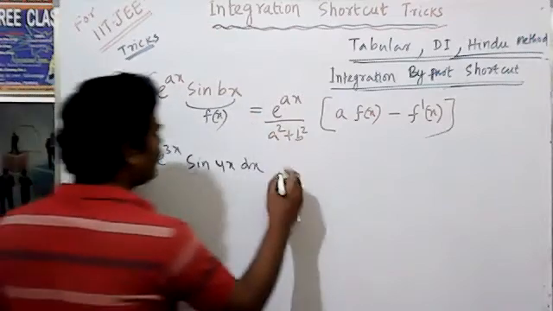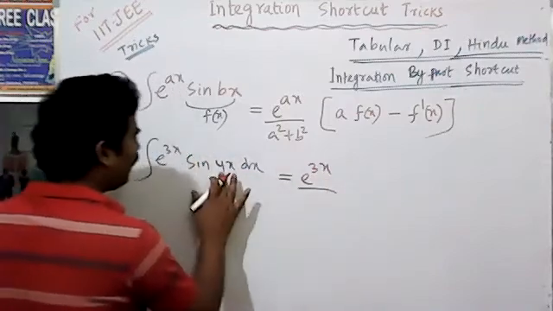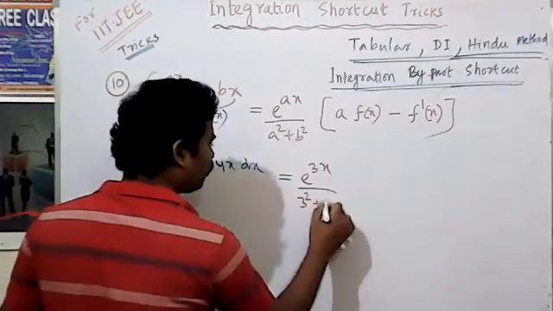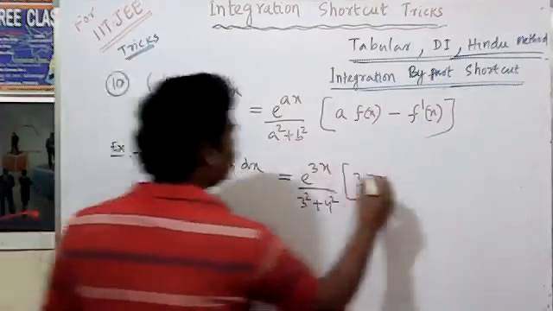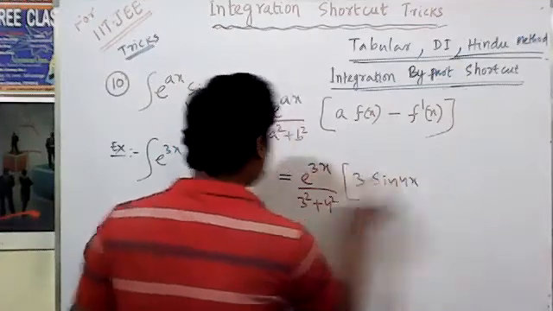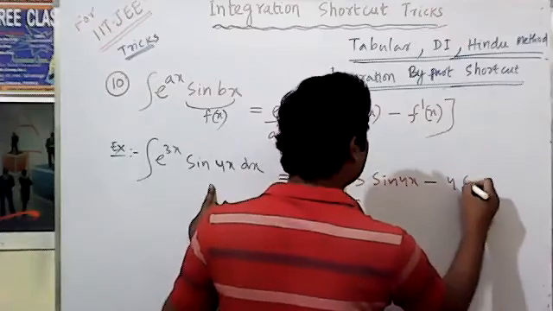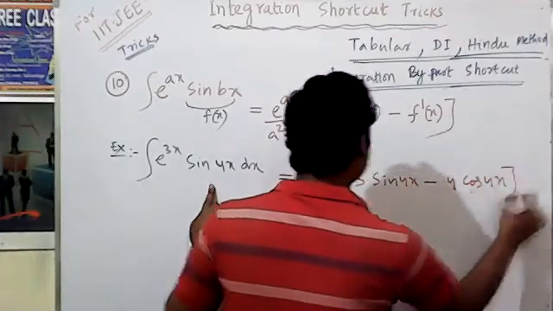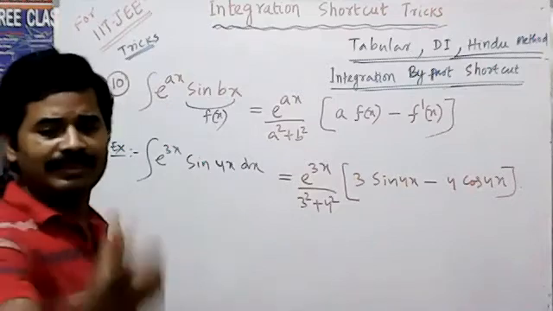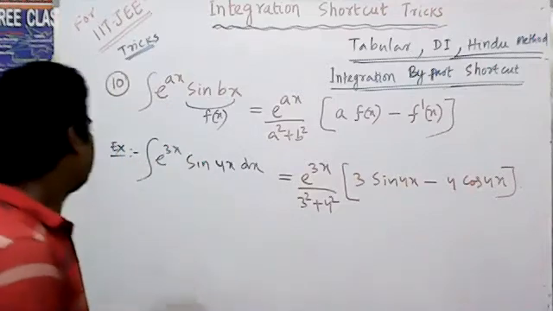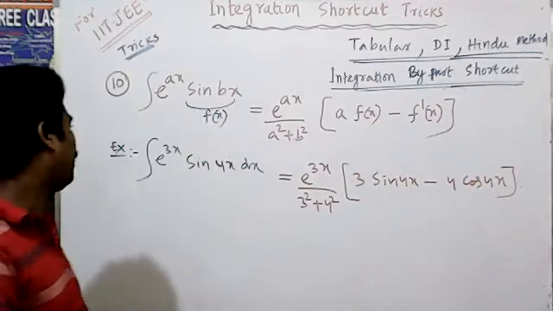That means e to the power 3x by 3 square plus 4 square, where a is equal to 3, b is equal to 4, and f(x) is equal to sin 4x. Then इनका derivative, that is 4 cos 4x. This is the result. Very easy. Within 1 second you can do this type of question.